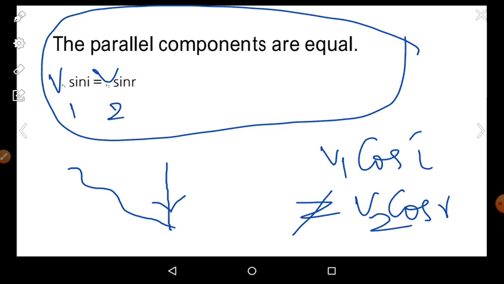But this force depends upon the density of the material. Therefore, the perpendicular components V1 cos I and V2 cos R are not equal to each other. But there is no force acting on the light particle parallel to the surface. This is the reason why the parallel components are equal.